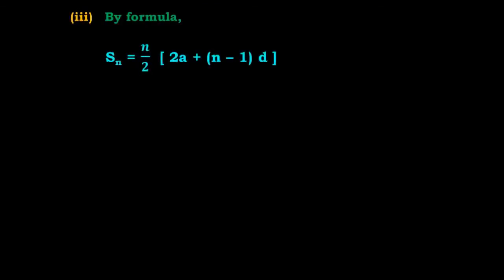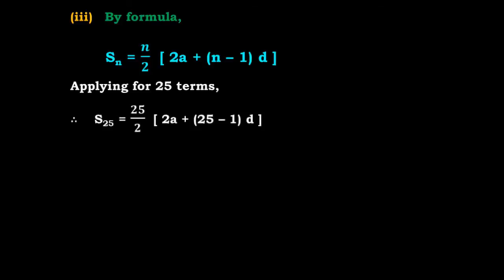the sum of the 25 terms, that is Sn is equal to n upon 2 into bracket 2A plus (n minus 1) into D. So, applying for 25 terms, S25 is equal to 25 upon 2 into bracket 2A plus (25 minus 1) into D. So, see, 2A, 25 minus 1 is 24D.